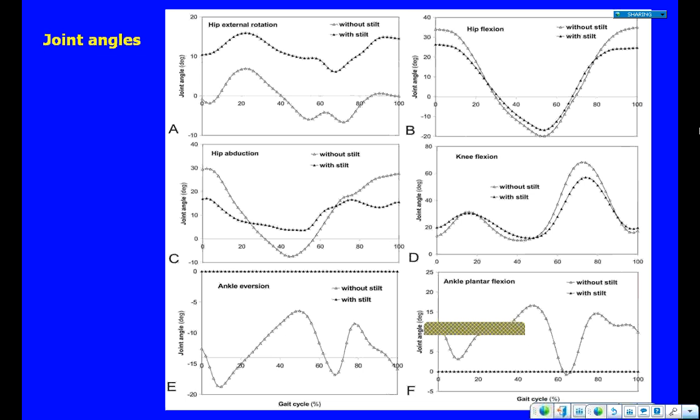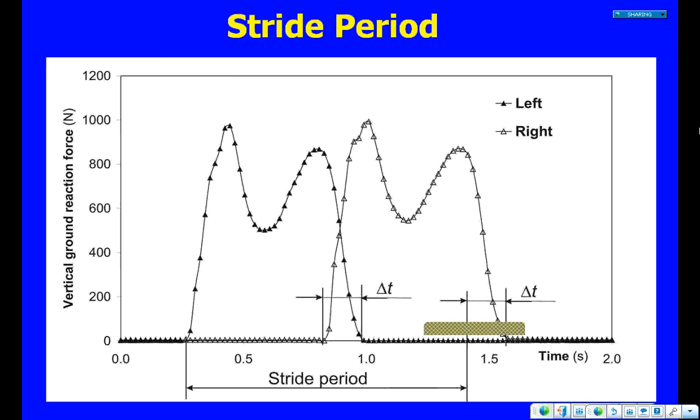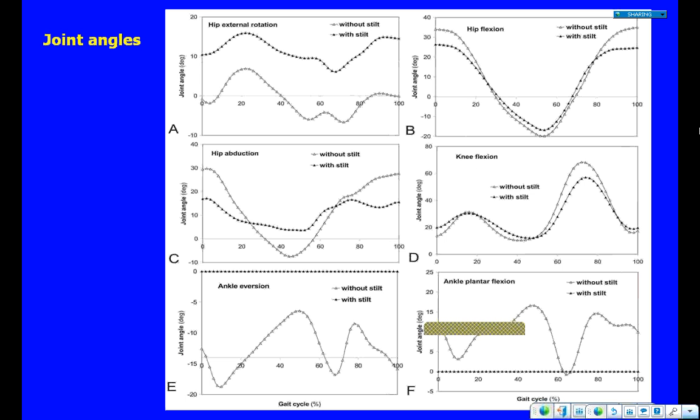Yes, this is a joint angle. There is no simulation, not yet. Then we look at the characteristics of Stilts walking compared to normal walking. This hip external rotation is positive external, negative internal rotation.